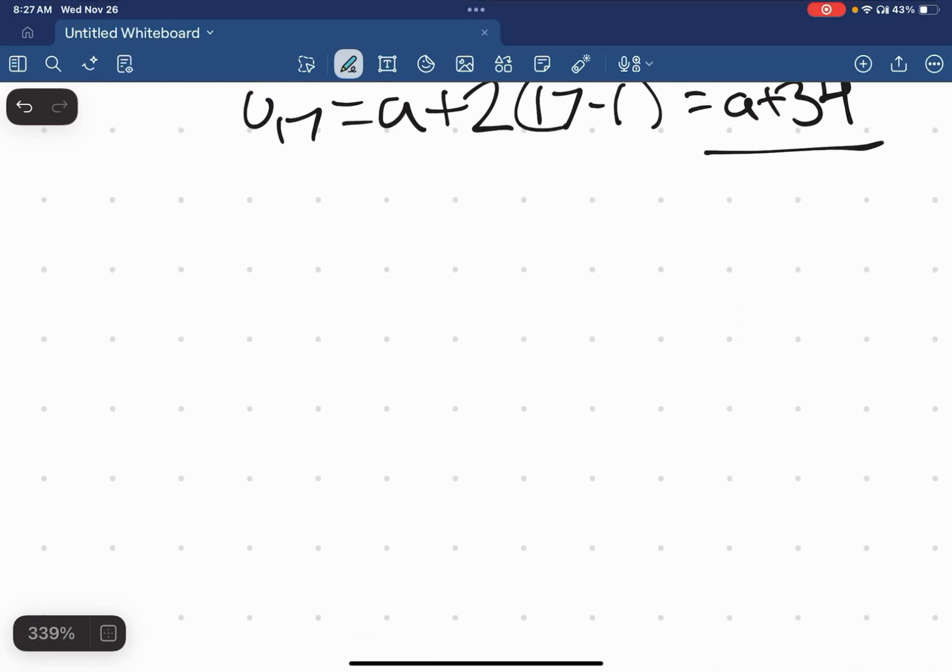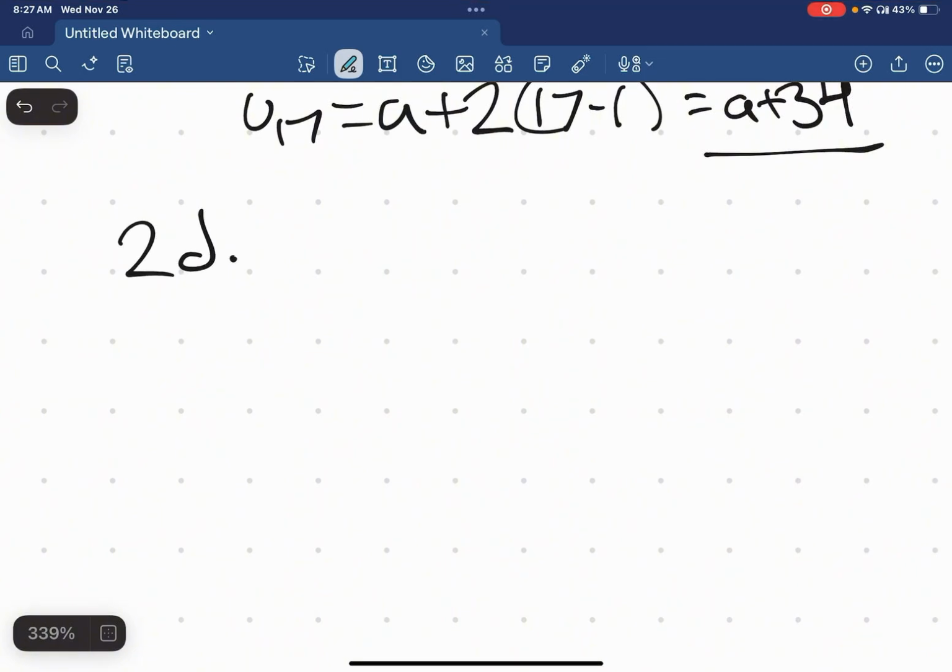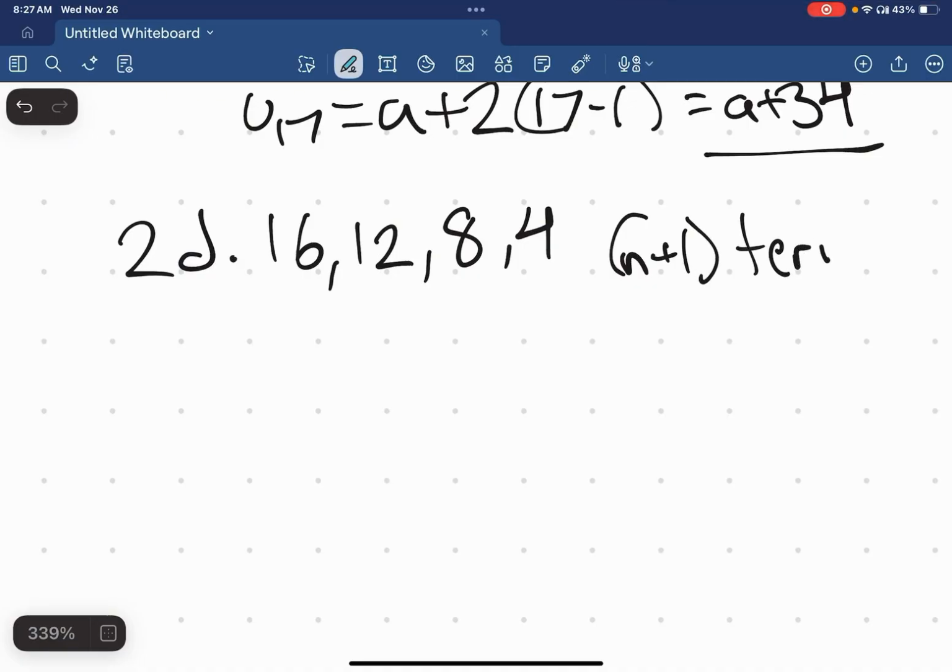Okay, the last one for 2 is going to be 2D, given the sequence of a decreasing pattern. But instead of asking us for an integer term, it actually asks us to find the n plus 1 term.